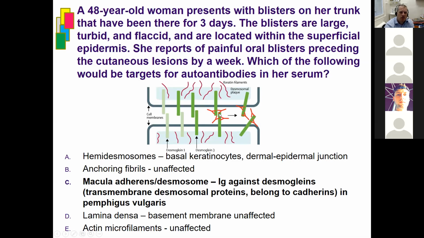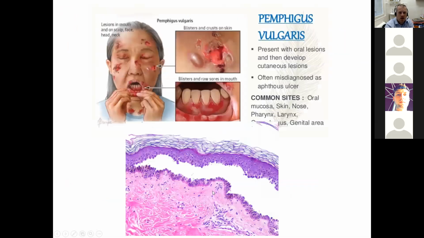During this disease, antibodies against desmogleins, which are proteins of the desmosomes, target these structures, and the desmosomes disintegrate. As a consequence, the cells of the epidermis in the stratified squamous keratinized epithelium develop these cracks, blisters.